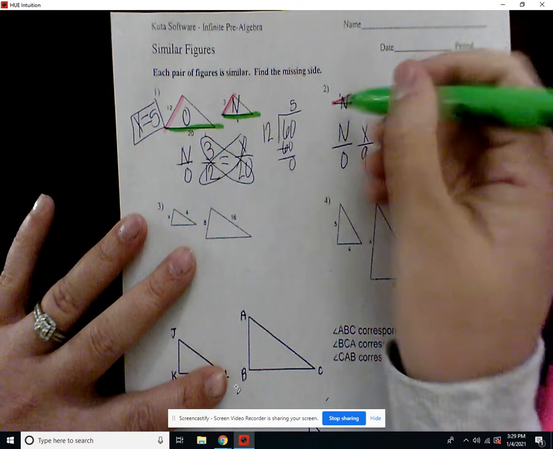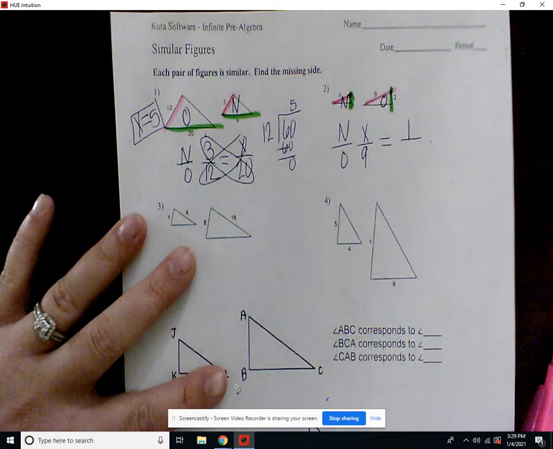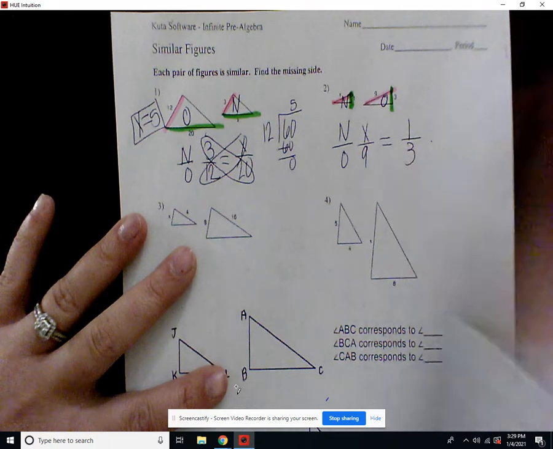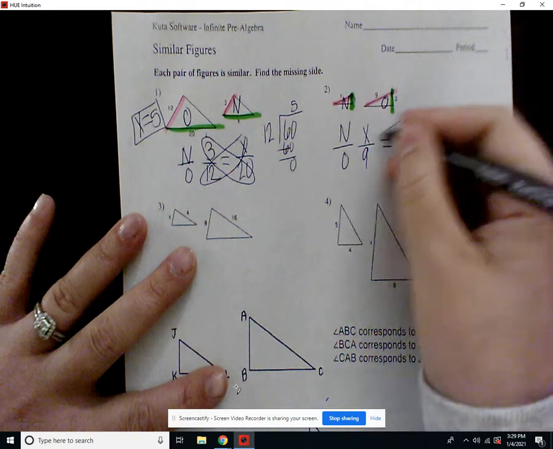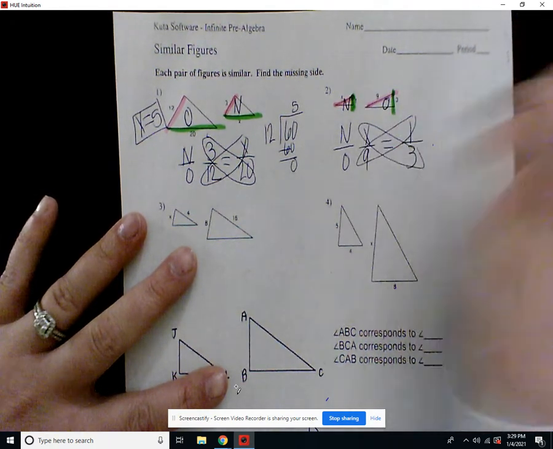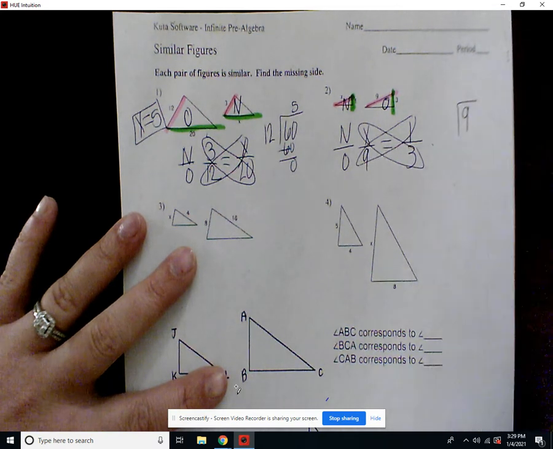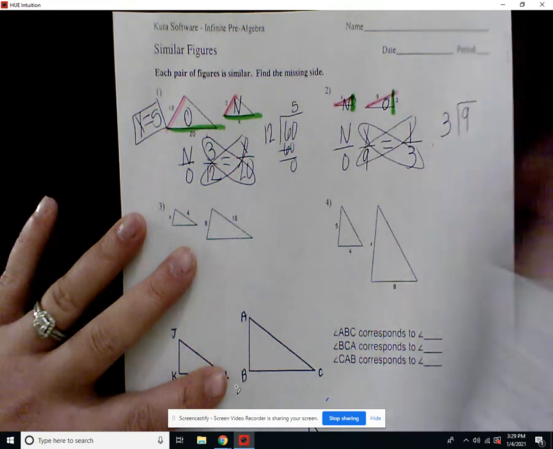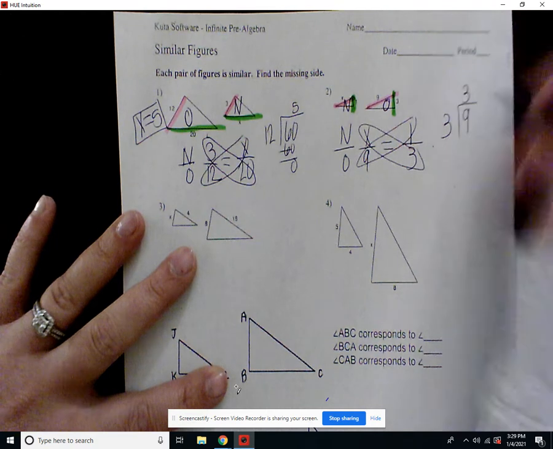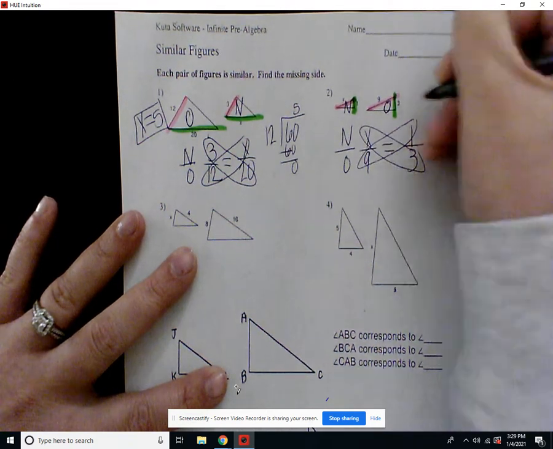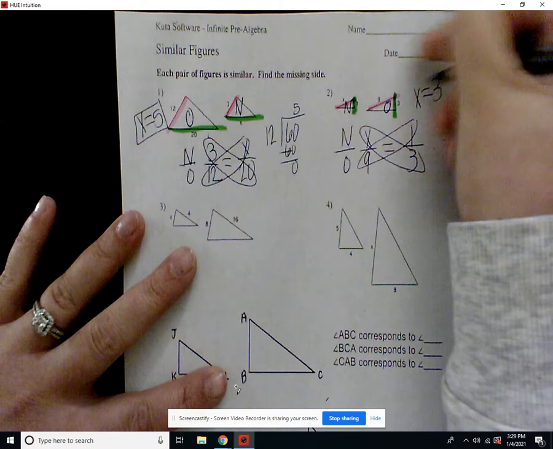And then 1 is going to correspond with 3. Then we'll cross multiply. 1 times 9 is 9. Then we'll divide the numbers with X, which is 3. 3 will go into 9 3 times, which is evenly. So X equals 3.